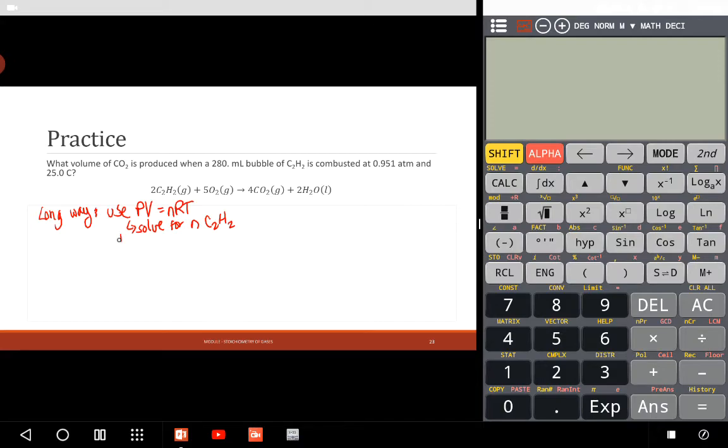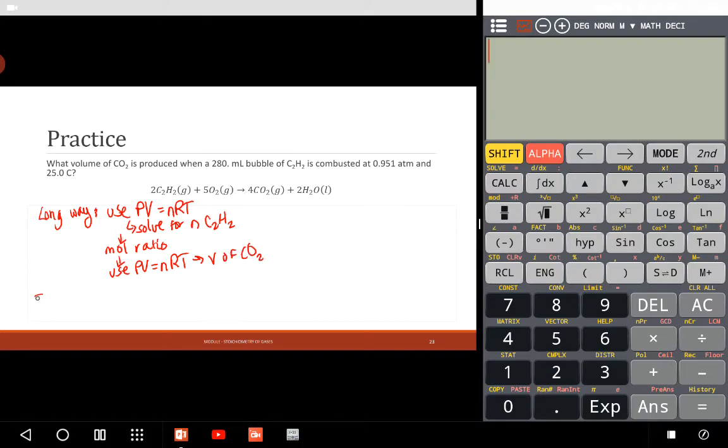Then once you have moles of that, you use the molar ratio to switch compounds. And then you use PV is equal to nRT to get back out into volume of CO2.